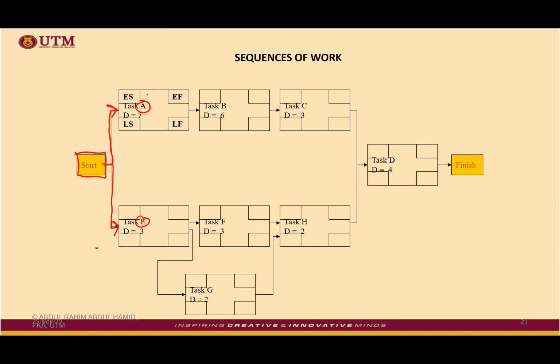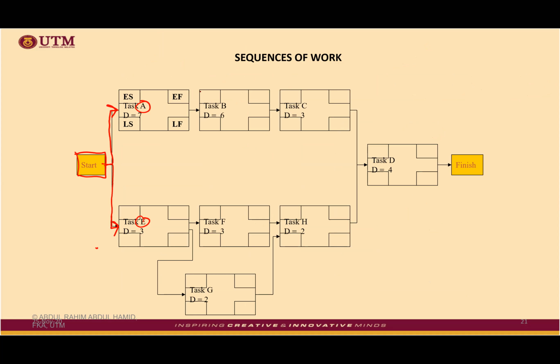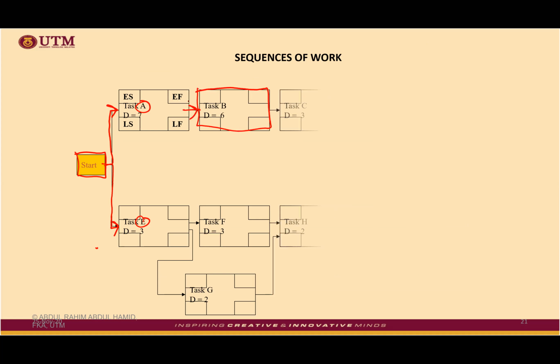Then you put A. Then what else? You go down the list again. How about B? B is connected from A. So you draw B, then you simply connect from A. Then what else? C. C is from B. B is already there, so you just draw C and simply connect.